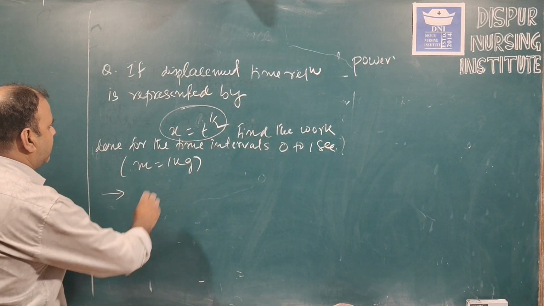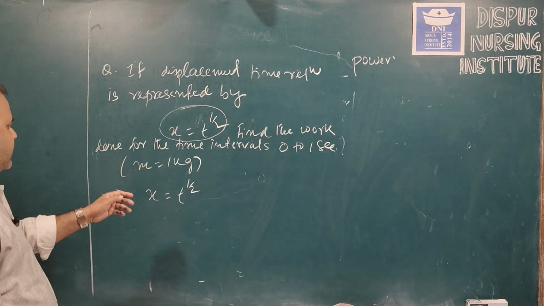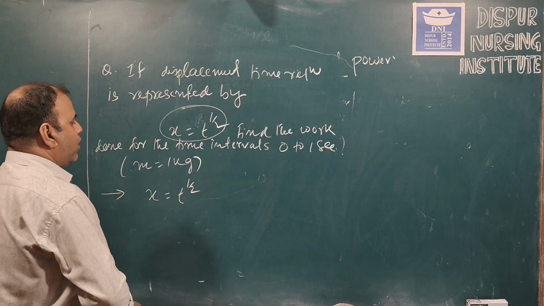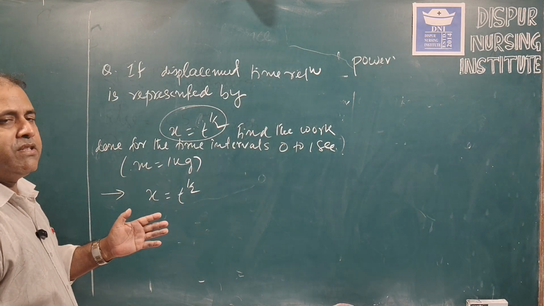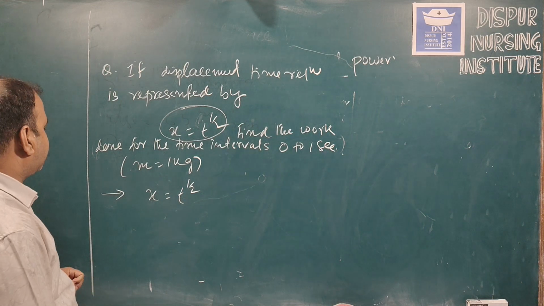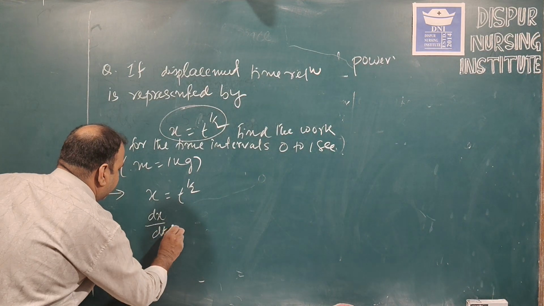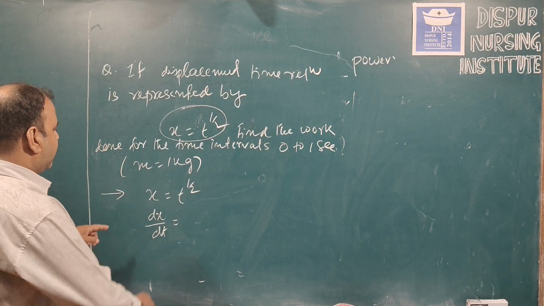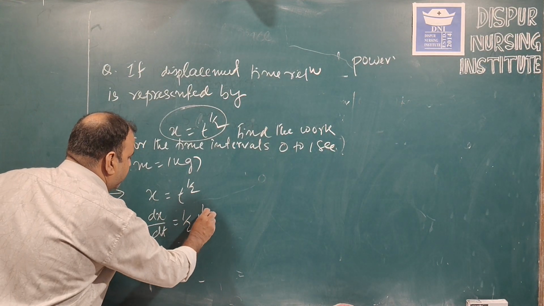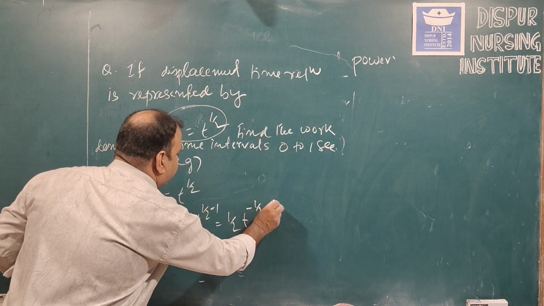The displacement relation is given: x is equal to t to the power half. In this case we have to differentiate, because we already know this formula: w is equal to the integral of m times dx by dt times d square x by dt square into dt. So first, dx by dt is equal to half times t to the power half minus 1, which is t to the power minus half.